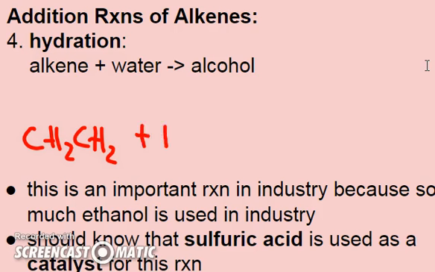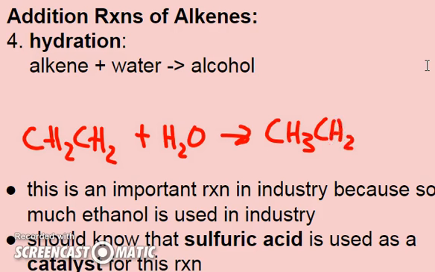And when that bonds with water or reacts with water, remember water is really HOH. So when that happens, one of these becomes CH3, but the other picks up the OH and becomes CH2OH. So it makes sense it would form an alcohol, in this case ethanol.